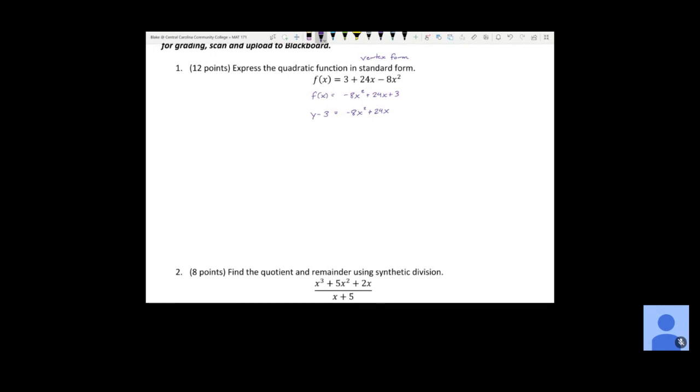That's right, we have to factor out that negative 8. So anytime there's a value in front of the x squared, make sure you factor that out first. I'm going to keep my y minus 3 over here. I'm going to factor out a negative 8, which is going to leave us with x squared, and then this becomes minus 3x.